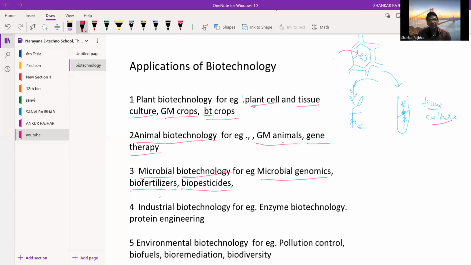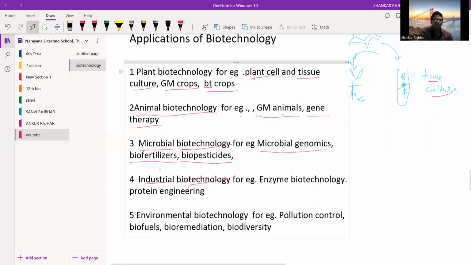Coming to the next one, that is biotechnology used in industry. So industrial biotechnology is there. For example, we have enzyme biotechnology. Next one, we need so many enzymes to do different processes. We can also require different proteins.